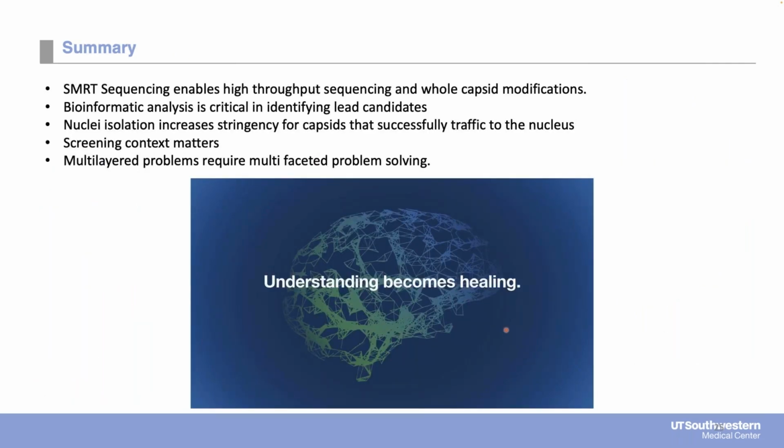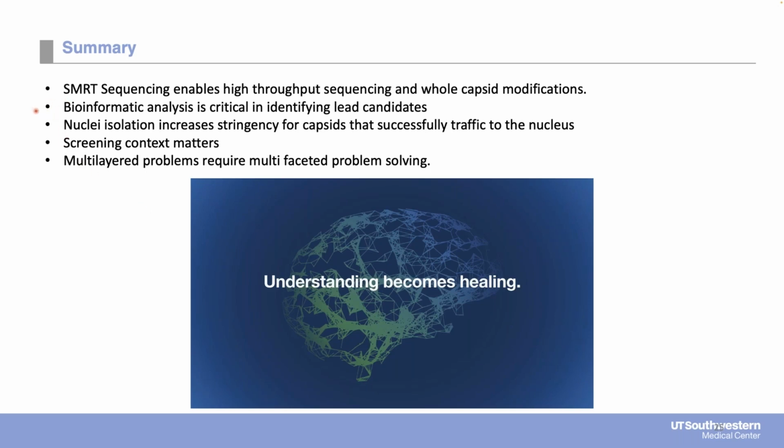And so just to summarize the talk here, SMRT sequencing really has enabled us to screen our capsid libraries in this high throughput fashion, and really emphasizes the importance of whole capsid modifications over small capsid permutations.